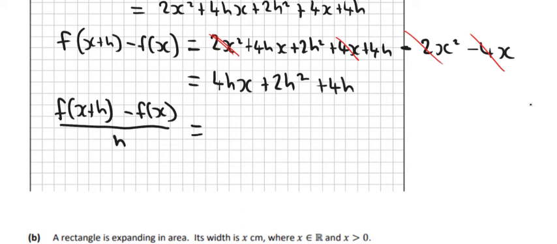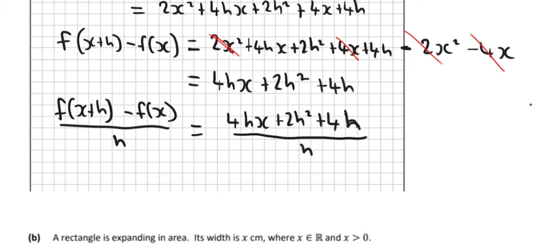So I'm going to divide everything by h: 4hx plus 2h squared plus 4h, all over h. Then you'll see that the h in the first term will cancel, so we're left with 4x. In the second term, one of the h's will go, so we're still left with plus 2h, and then the h in the last term will cancel out, so we're left with plus 4.